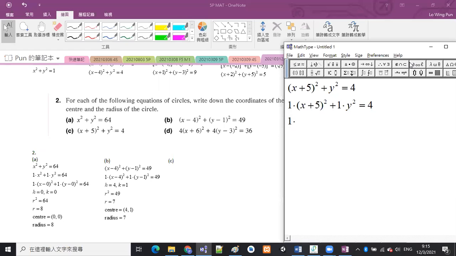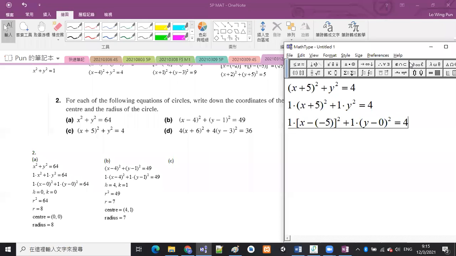So it is 1 times, but it is x plus number. So we need to change it to x minus the negative number, like this. Can you get this? Just write the plus number to be minus negative number, because we need x minus number. And if there is no plus, no minus after the y, it is just y minus 0.